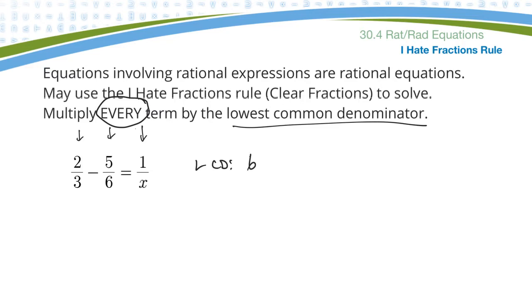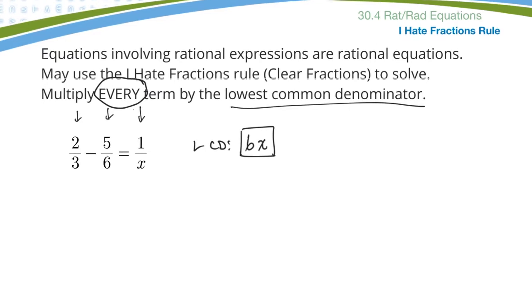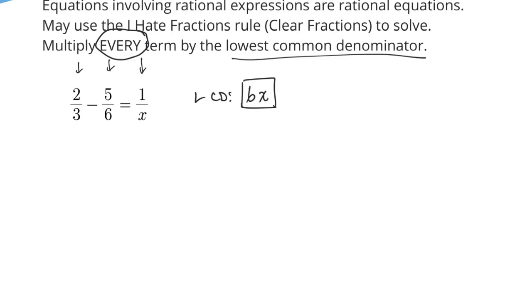And there's also an x there. So my lowest common denominator would be 6x. So I need to include every factor the most number of times that it occurs. Now I'll take each term, and I'm going to multiply it by that. In the book, they just sort of put brackets around it and put a 6x out front. And you can do that, and then you just have to apply that to everything.